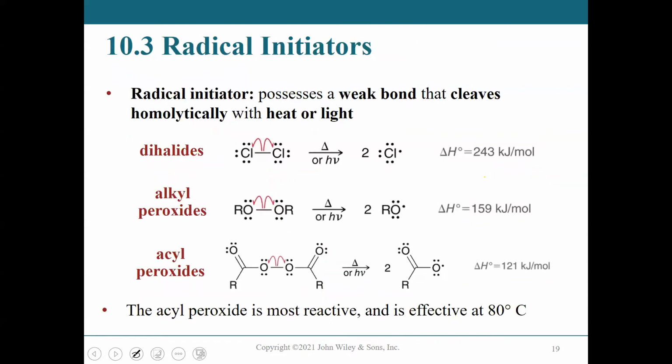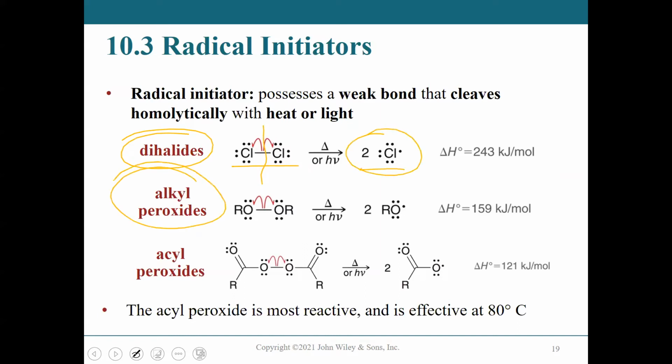Initiators, right? Something always very important to discuss is the initiator that we've been using. For example, in the previous reaction, halogenation of alkane, we use halogen, right? Dihalides. This is the dihalide, the one that we just used. Chlorine can be bromine. It breaks into two in a homolytic cleavage, and you get two chlorine radicals.